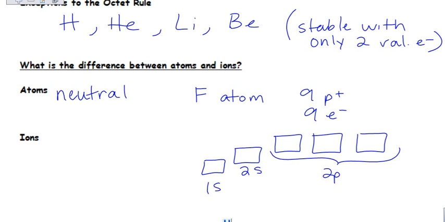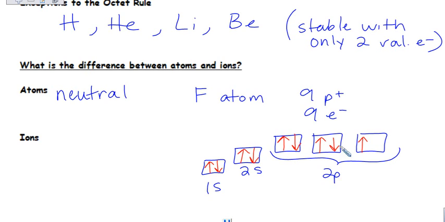Alright, so fluorine, number 9. I would have 1s2, 2s2, and I'm going to go across the 2p, 1, 2, 3, 4, 5. So technically I should fill them one electron at a time, but I'd have to go back and pair two of them. 2, 4, 6, 7, 8, 9. 9 total electrons.